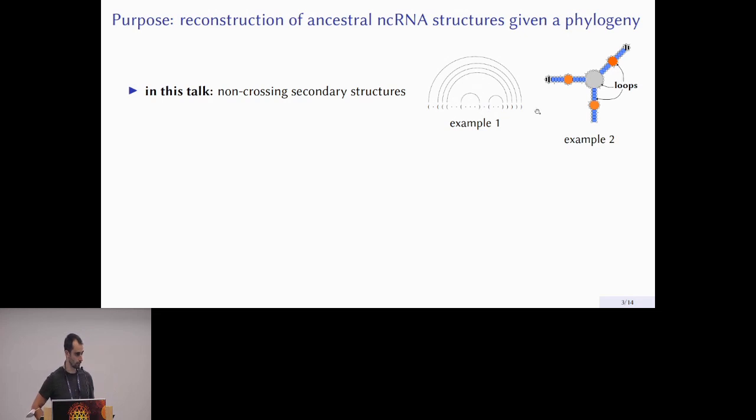This gives non-crossing secondary structures a tree-like structure, which you can draw in the plane like that. In this drawing, the little regions that are delineated are called loops, and it's these loops that are usually considered as the basic structural elements.